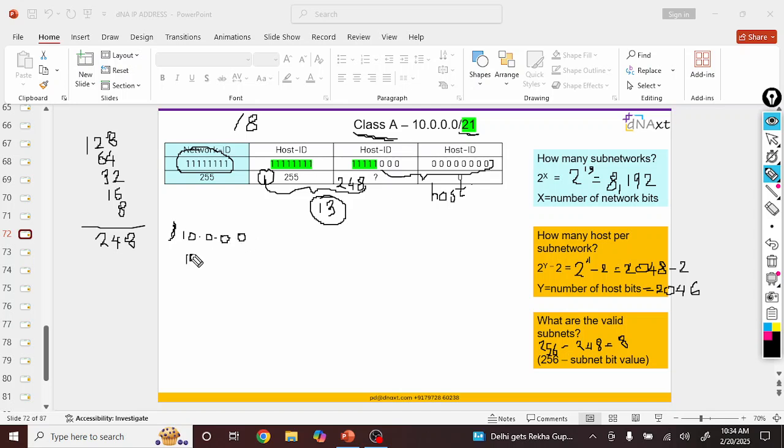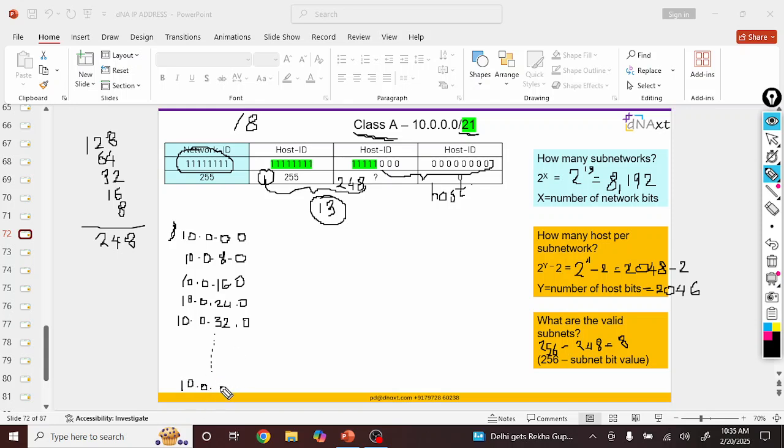10.0.0.0, 10.0.8.0, 10.0.16.0, 10.0.24.0, 10.0.32.0. This will go on till we reach 10.0.